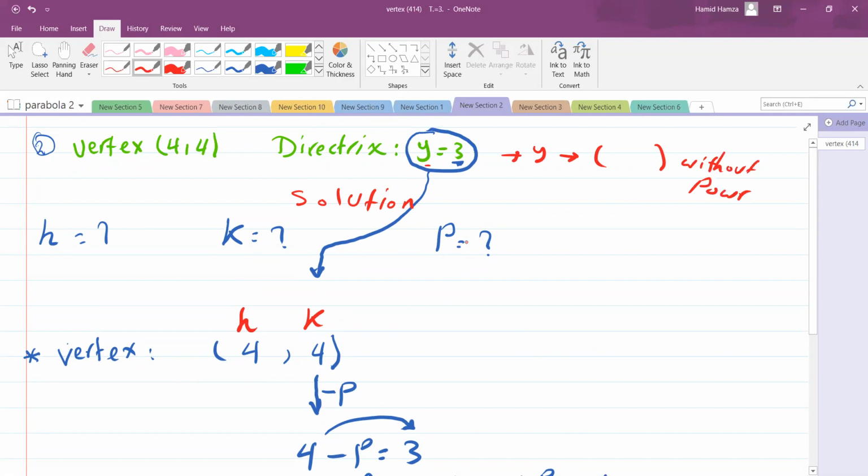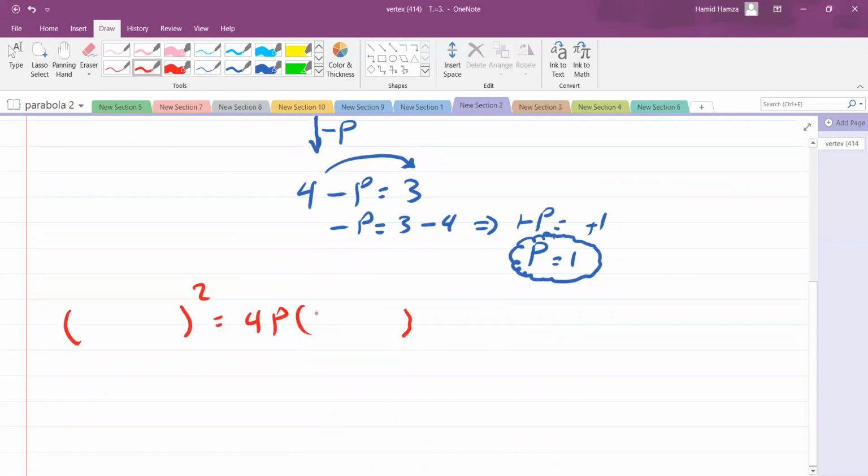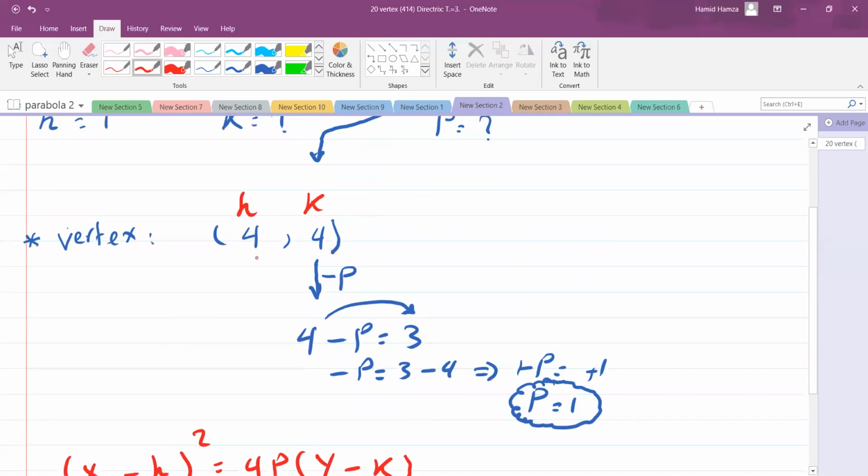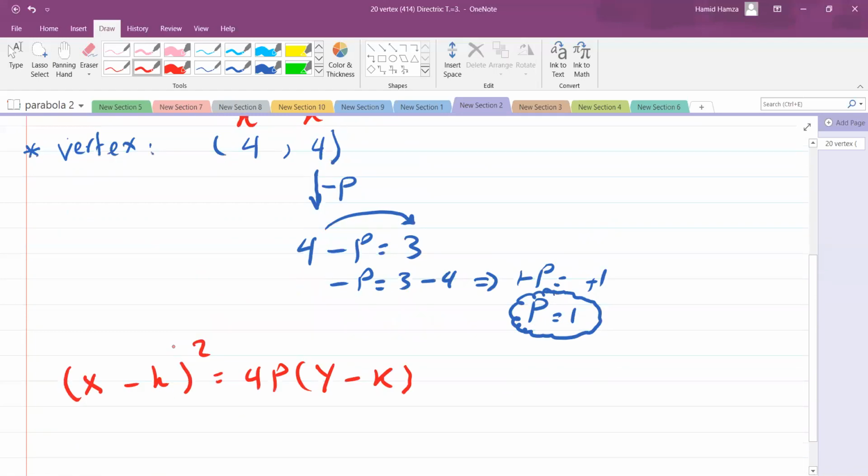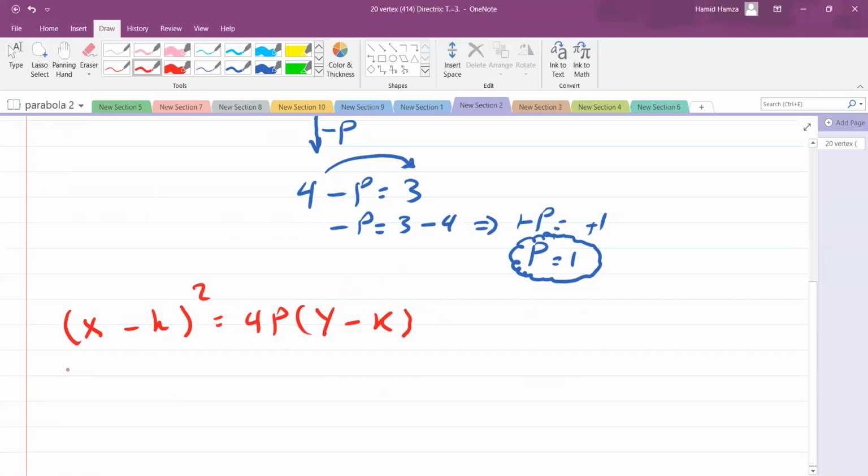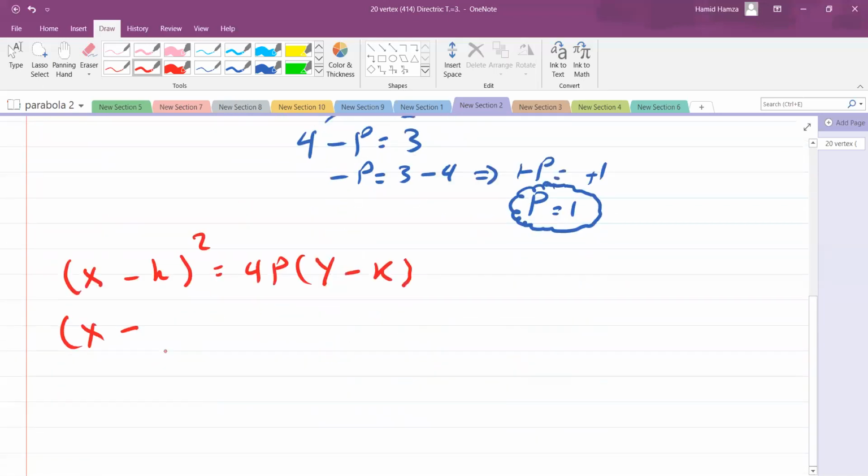Let's go. So here is y, and here is x. Here is minus h, here is minus k. And drop down the value of each one. So h is 4, k is 4. So it would be like this: x minus 4 power 2 equals 4 multiplied by 1, y minus 4.